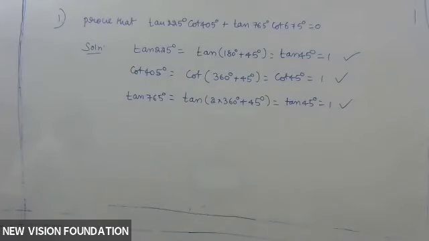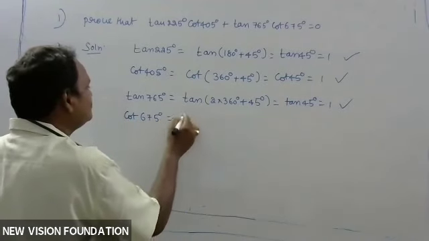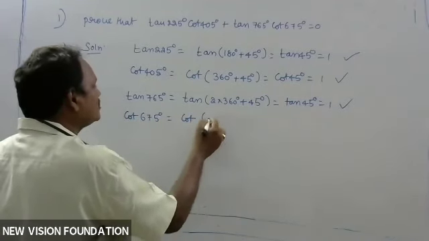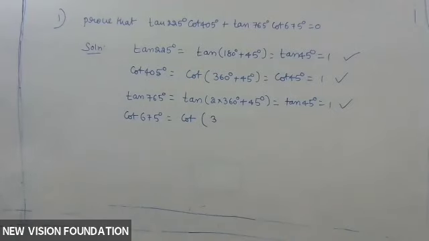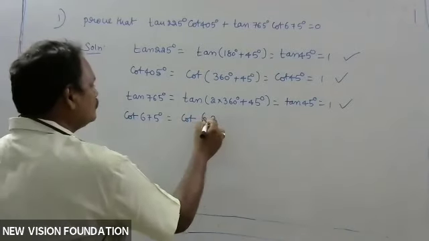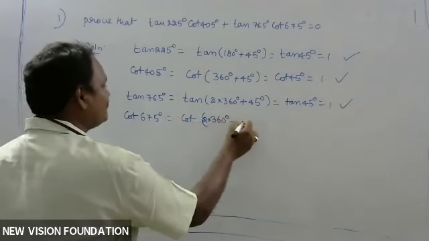Now, we are going to get the value of cot 675 degrees. This 675 degrees we can write as cot of 2 into 360 degrees minus 45 degrees.